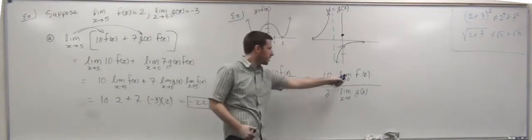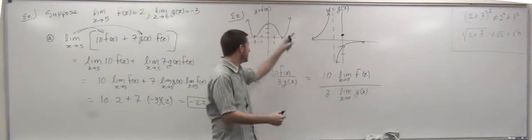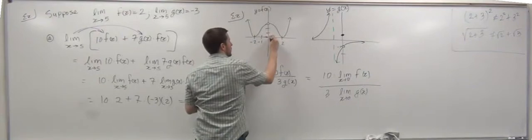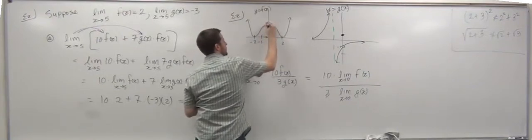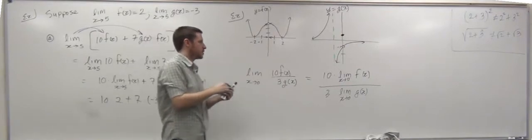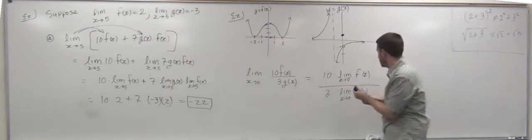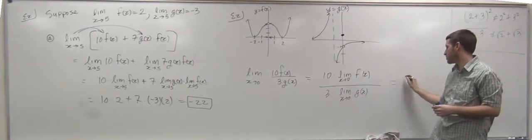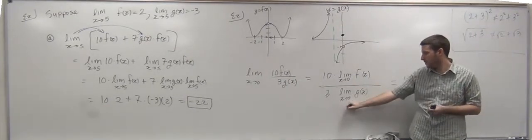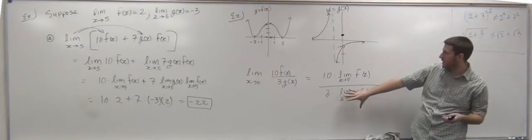So on the top here, the limit as x goes to 0 of f of x is going to 3. So the top will become 10 times 3, which is 30. On the bottom, I can just conquer the g limit now.